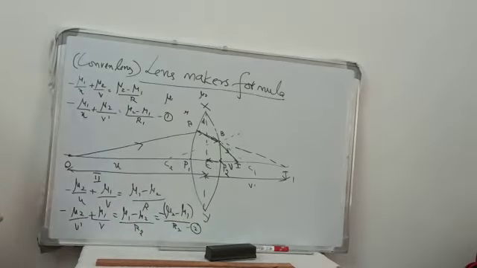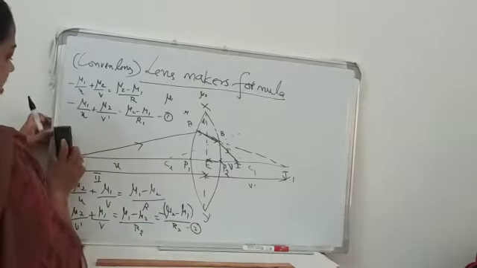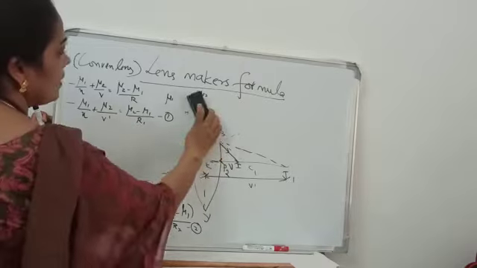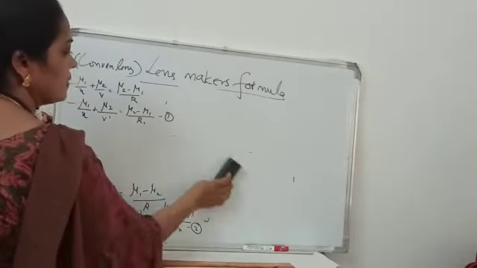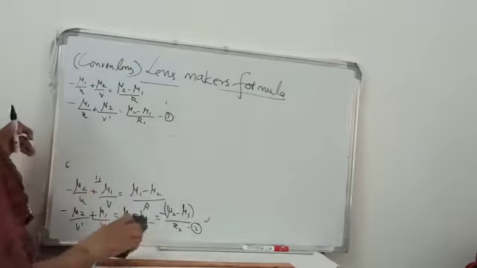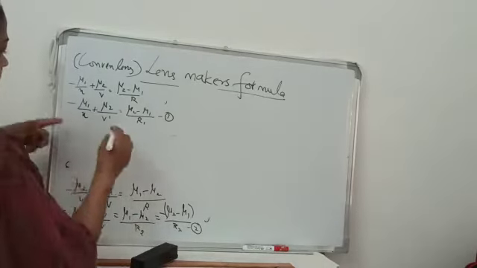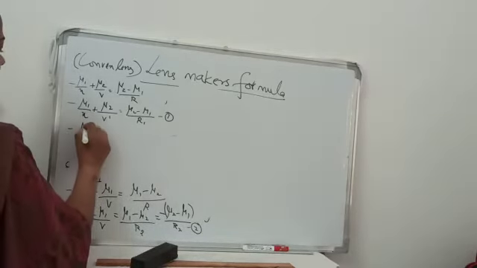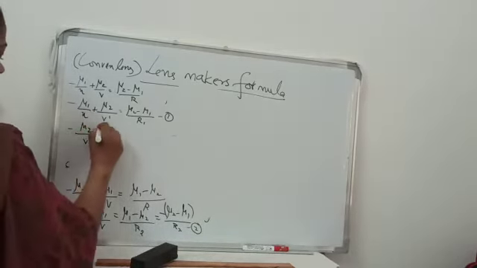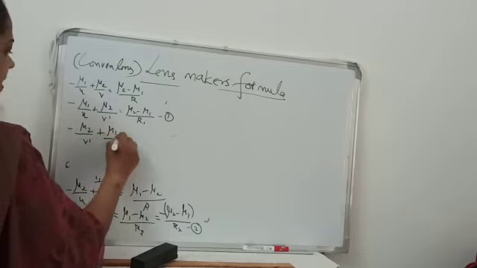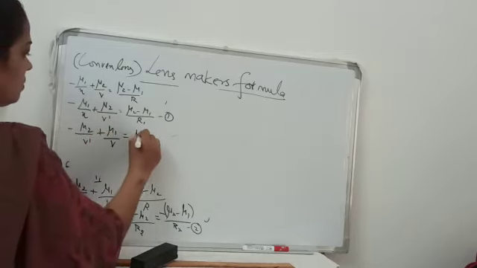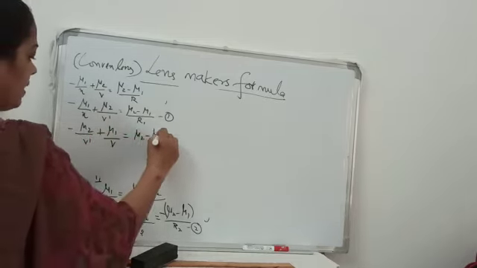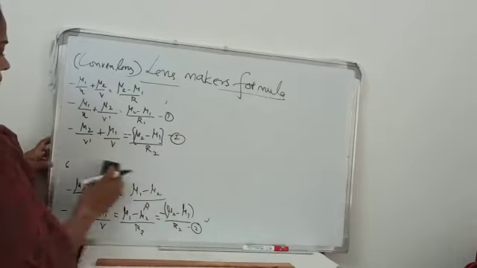Now, let me add the two equations. This is 1 and this is 2. Let me write equation 2 once again: minus mu2 by v dash plus mu1 by v equal to minus of mu2 minus mu1 by r2.